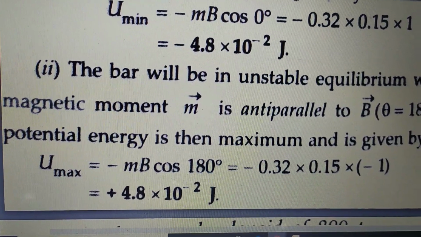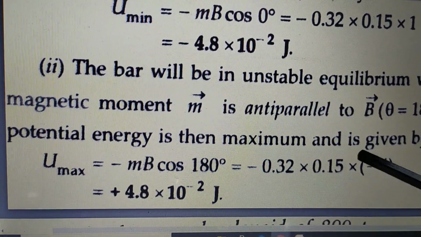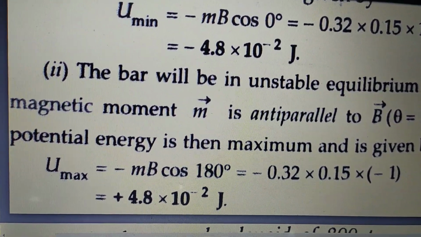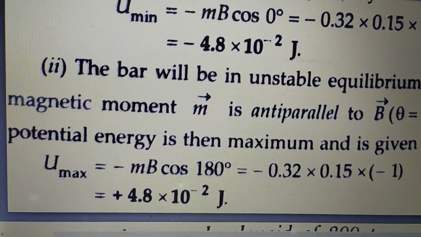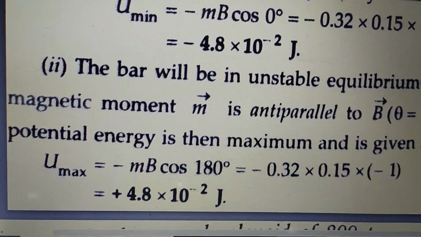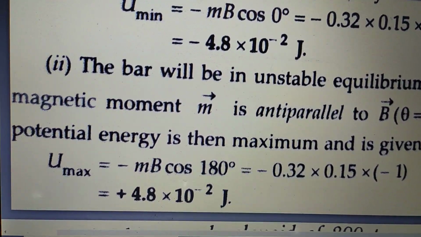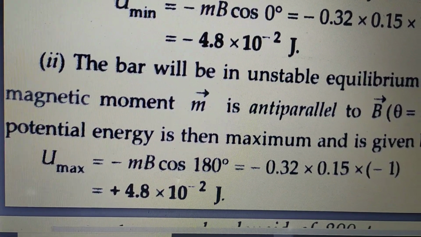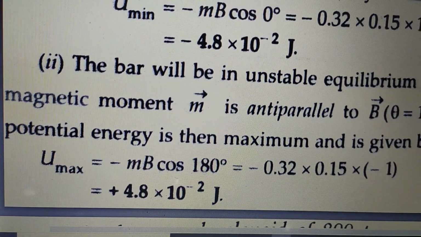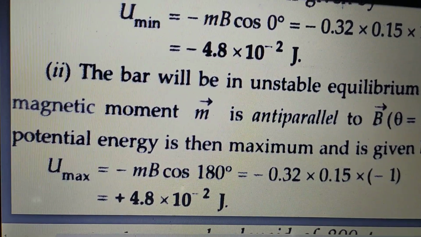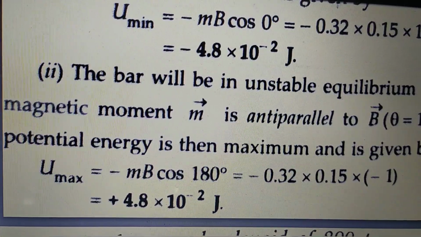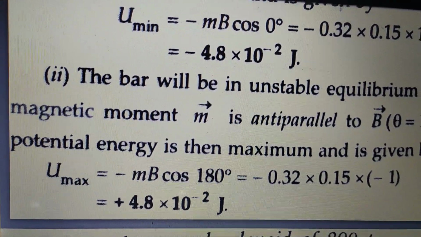Why is the result positive here? Because one negative comes from the formula, and the other negative comes from cos 180 degrees, which is minus 1. Minus and minus cancel, and we get a positive value. So the final potential energy comes out to be plus 4.8 into 10 to the power minus 2 joules.